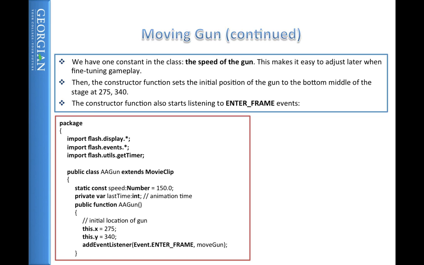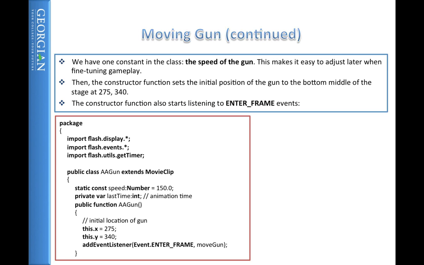But it does have a few instance variables. One of them is lastTime, because the gun is going to animate. We also have a constant. And remember, when we define a constant, our syntax for a constant is static const. If you notice, there is no var keyword when we create a constant because that would make it a variable. So it's either static variable, that doesn't make sense, or static constant.